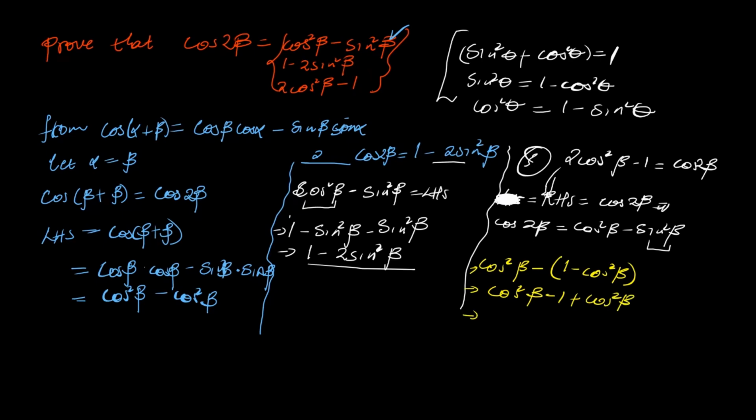Ultimately, we'll just have 2 cos squared beta minus 1. Therefore, left hand side is equal to the right hand side. Even here, and even this side, left hand side is equal to the right hand side. Both sides are equal to each other.